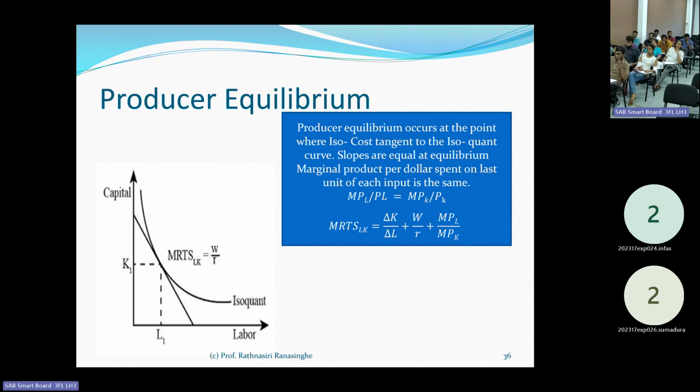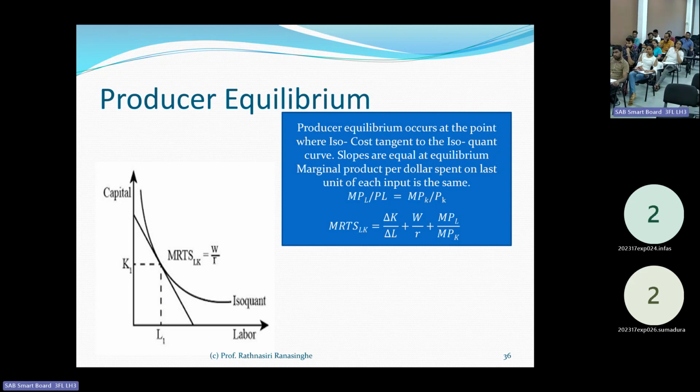So MPL over W equals MPK over R. That is the marginal product per dollar spent on the last unit of each input being equal at the producer's equilibrium. So that is the equilibrium part.